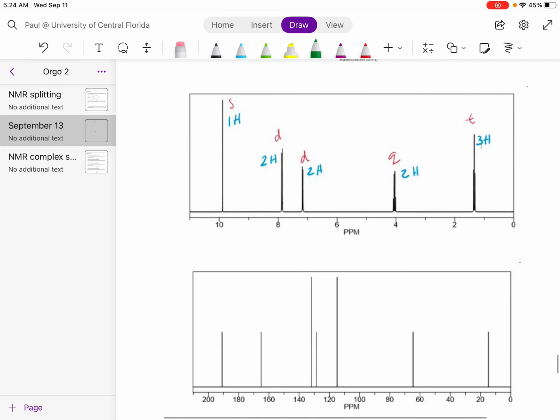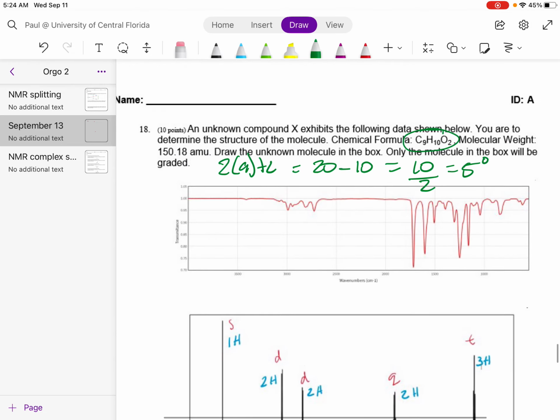Okay. Now we look at the IR. Right around 3000, I have some signal right there, implying that we have some carbon-hydrogen stretches that are sp2 or sp3 hybridized, like that. We have a beautiful carbonyl stretch right there.